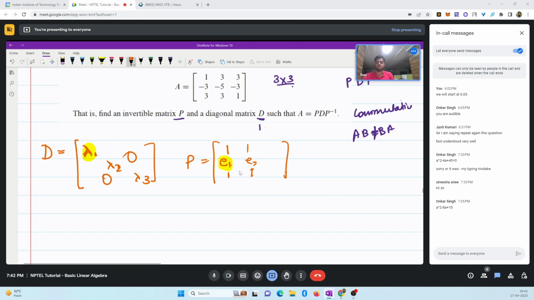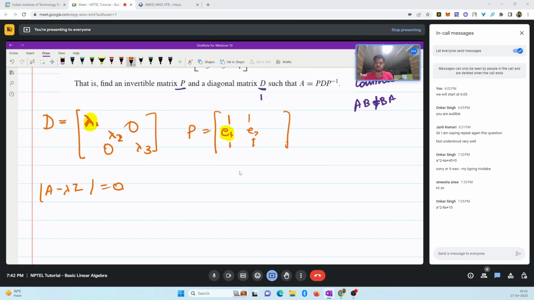So let's first evaluate the determinant of A minus lambda I equal to 0. You can also confirm if you get the eigenvalues so that I can match.